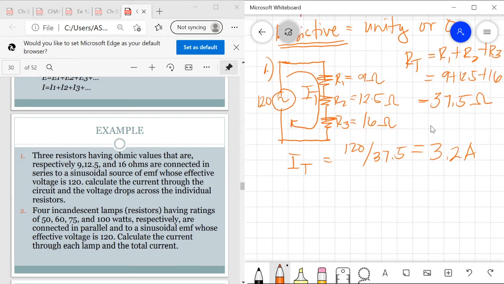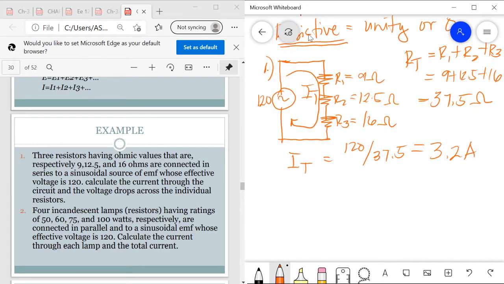Solving the voltage drop across each resistor. So, ano yung mga drops sa resistor 1, resistor 2, and resistor 3? So, for resistor 1, we will denote it as V1. Voltage drop, it is just Ohm's law, I1 R1. V2 is I2 R2. V3 is I3 R3.